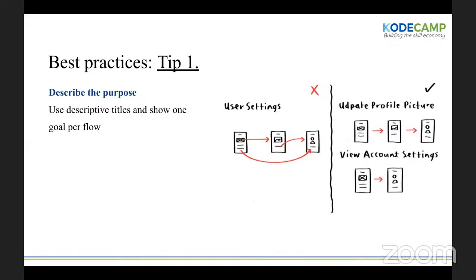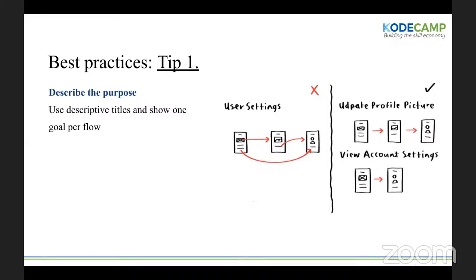So those are different pages, but I'm designing it in a user flow way. So it's easier for me when I go back to my drawing board. I know that I'm dealing with just 3 pages if I want people to view account settings.